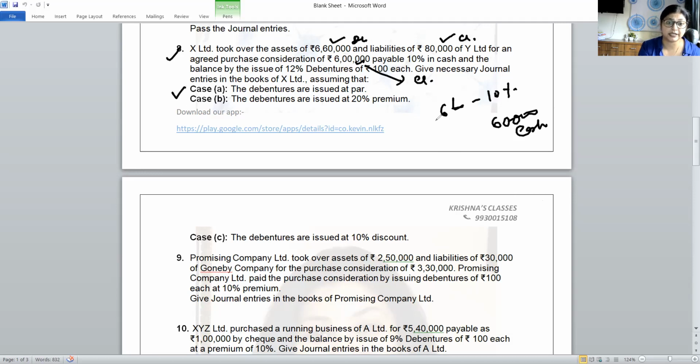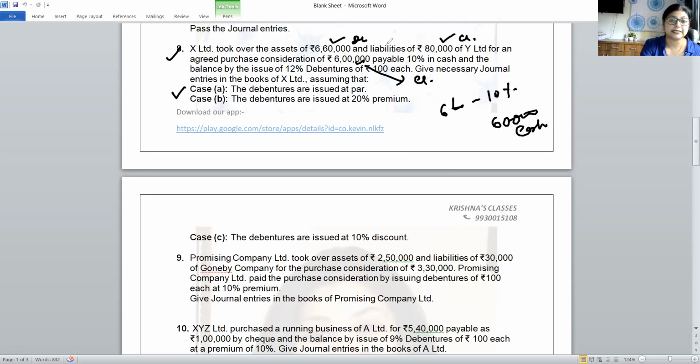Case A, when the debentures are issued at par; case B, when the debentures are issued at 20% premium; and the last case, when the debentures are issued at 10% discount, and the face value of debenture is 100. I had told you in the previous classes that whenever the question doesn't tell what the face value of debenture is, always assume it to be rupees 100.